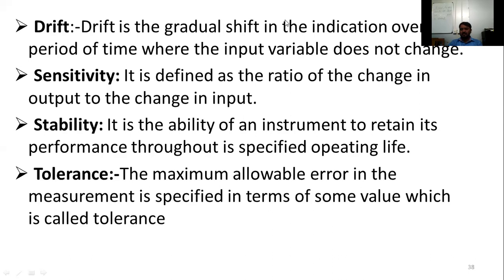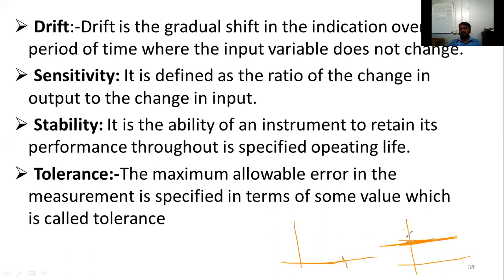अभी हमने resolution check किए. Resolution का कैसे था? If we are giving a particular input, but there is no output at all. Output कुछ नहीं था. But the drift is completely the reverse. There is some gradual shift in the indication, some value it is detecting, but there is no input at all. Input 0 hai, then also the value is increased.